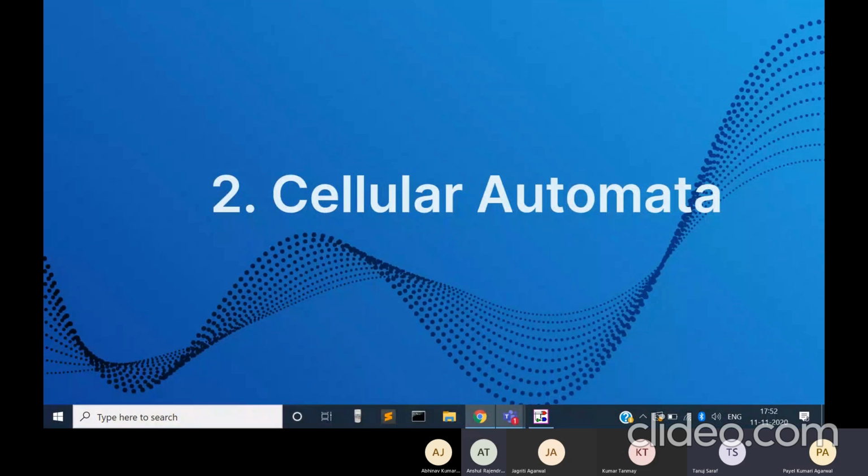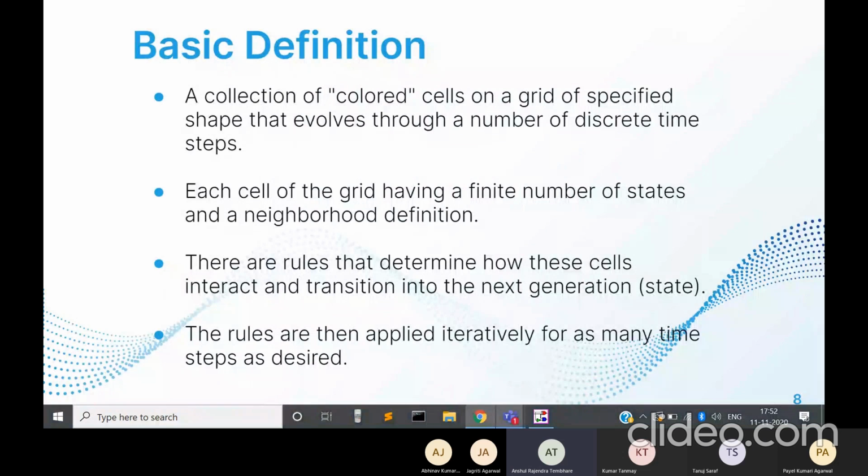Moving on to the underlying logic that is being used to generate this key implementation and encryption, we look at cellular automata. So what is cellular automata? A basic definition is that it is a collection of colored cells on a grid of specified shape that evolves through a number of discrete time steps. In this case, we consider a grid of 8 cross n, n cross 8, where n is an undefined number, that is the number of clocks, and 8 is the number of rows and columns that we have.